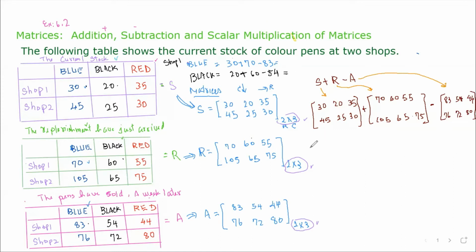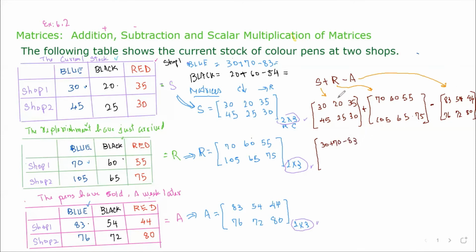How to do it? Then you can write the whole thing like this, right? So for the same location, 30, 70, and 80, you can rewrite that to become 30 plus 70 minus 83.